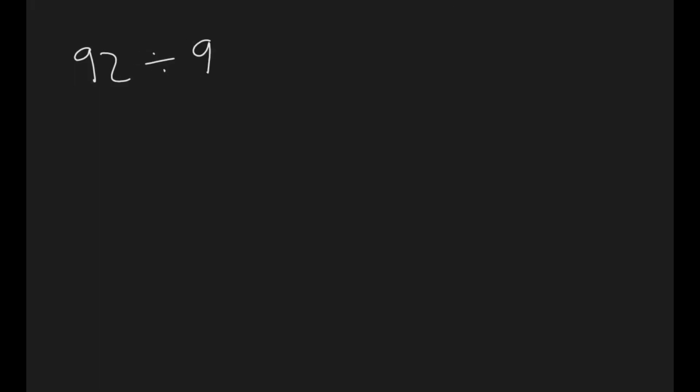So here, 92 divided by 9. This is going to be our workspace. So now, first we're going to set it up. So we're going to do 92, and then over here is going to be our 9. Sorry about that. I'm going to fix it.